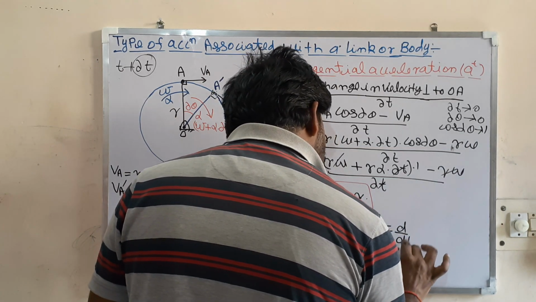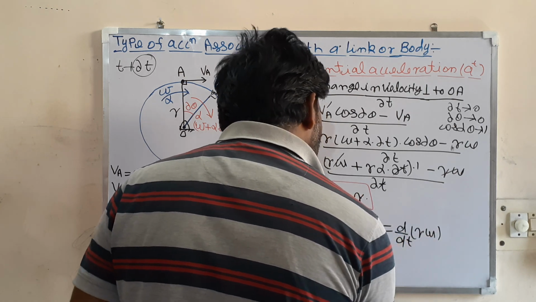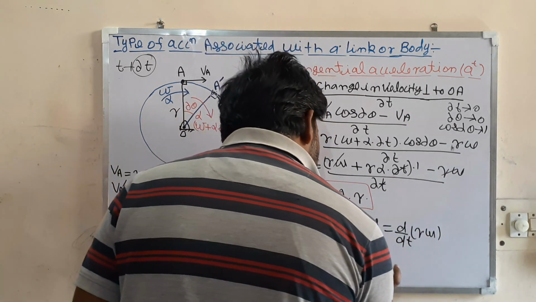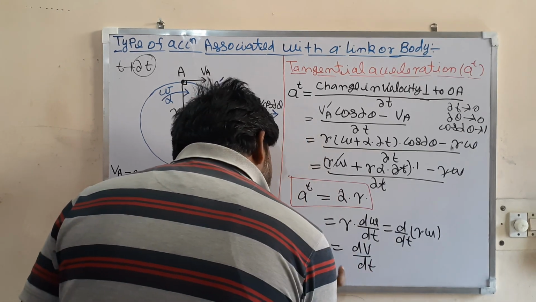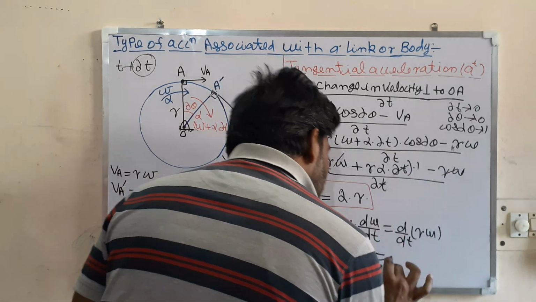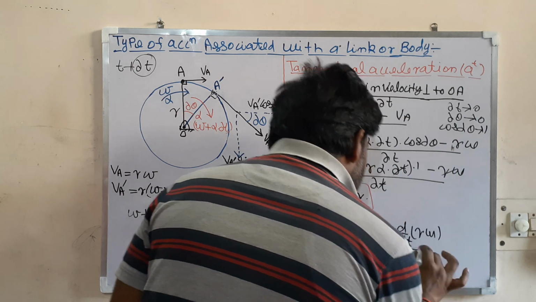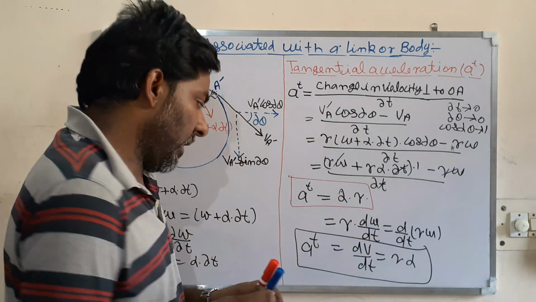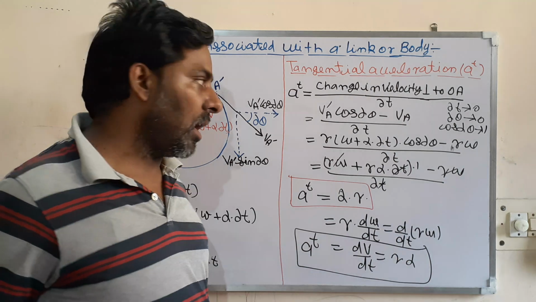So the same thing can be written as d by dt of R omega. You know that V is equal to R omega. So I am getting dV by dt. So the conclusion is that tangential acceleration AT is equal to dV by dt, which is equal to R into alpha.